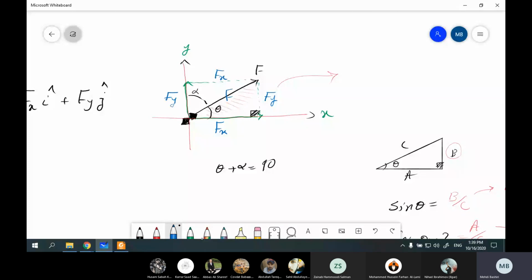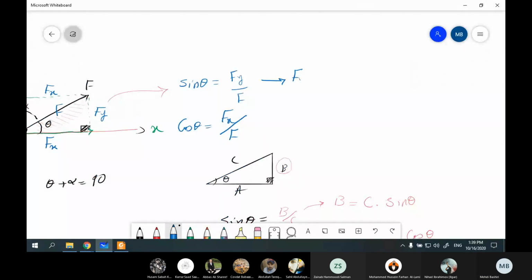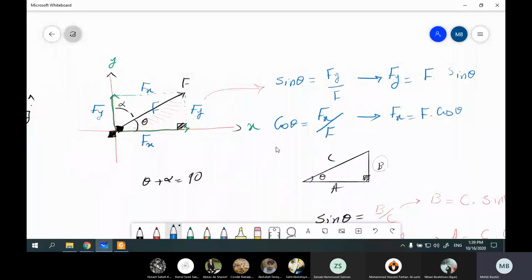If I ask you what is sine of theta, you would say Fy divided by F. And if I ask you what is cosine of theta, you'd say Fx divided by F. So Fy is F dot sine of theta, and Fx is F dot cosine of theta. Now let me ask another one.